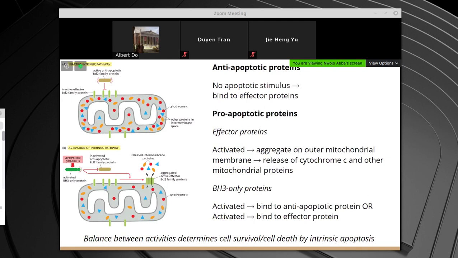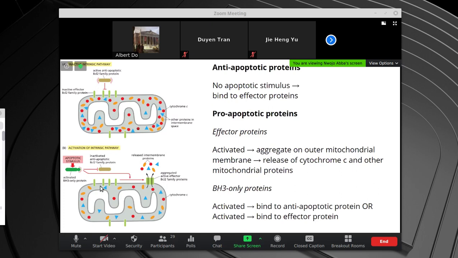These diagrams show how BCL2 family proteins release or inhibit the release of mitochondrial intermembrane proteins. In the absence of apoptotic stimulus, anti-apoptotic proteins bind to effector proteins, keeping them inactivated, therefore blocking release and inhibiting apoptosis. Effector proteins are activated by the presence of apoptotic stimulus, so they're prompted to aggregate on the outer mitochondrial membrane and form oligomers that induce release and therefore promote apoptosis.